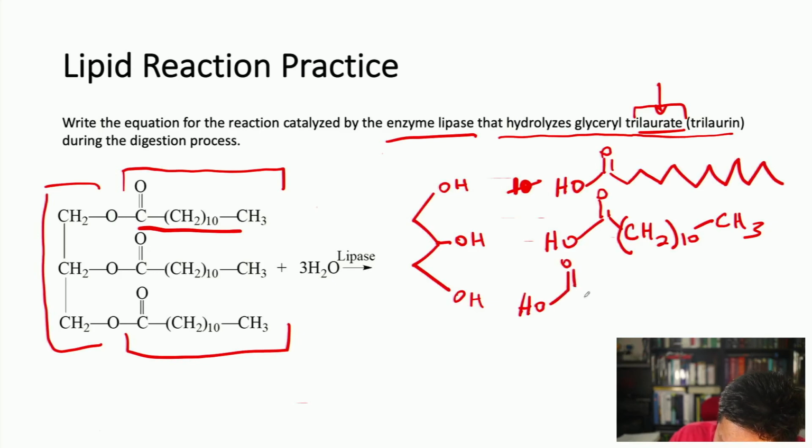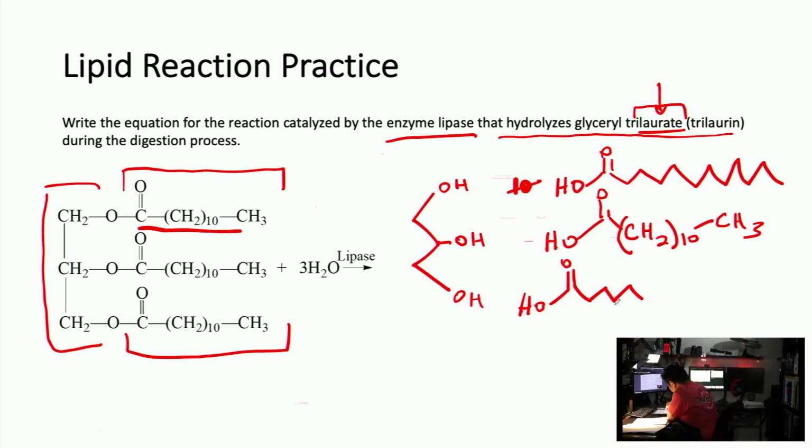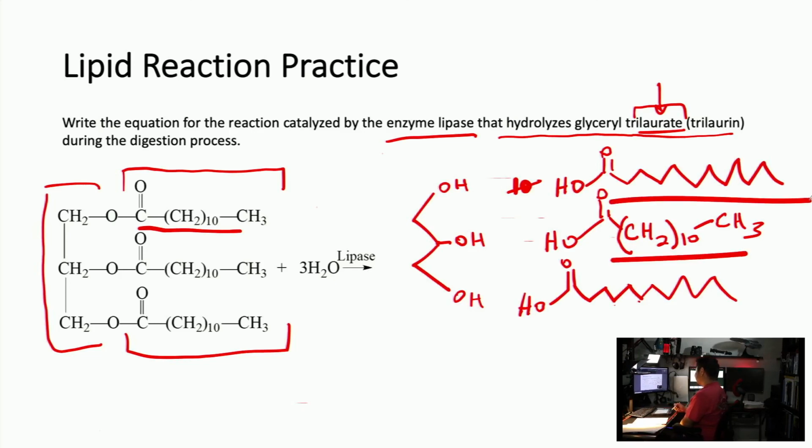It looks more like chemistry. Oh darn it, I lost count. 1, 2, 3, 4, 5, 6, 7, 8, 9, 10, 11, 12. There we go. And that's how you answer that question. Okay? But however way you decide that you're going to answer this question, make sure you pick one way or the other. Either draw it in its condensed formula or draw it in its line angle formula. Okay?